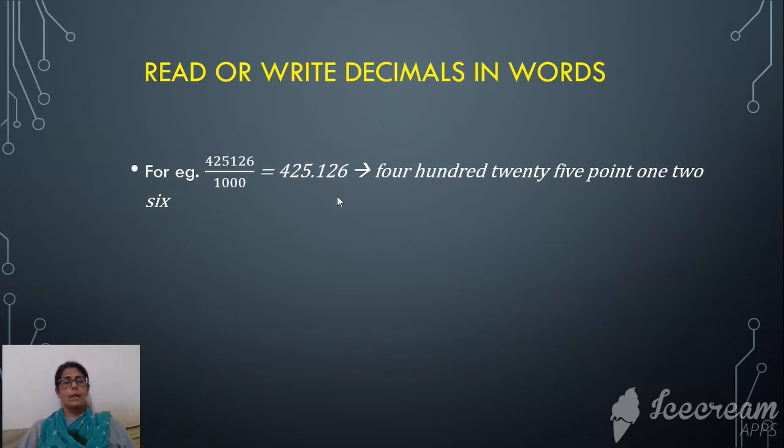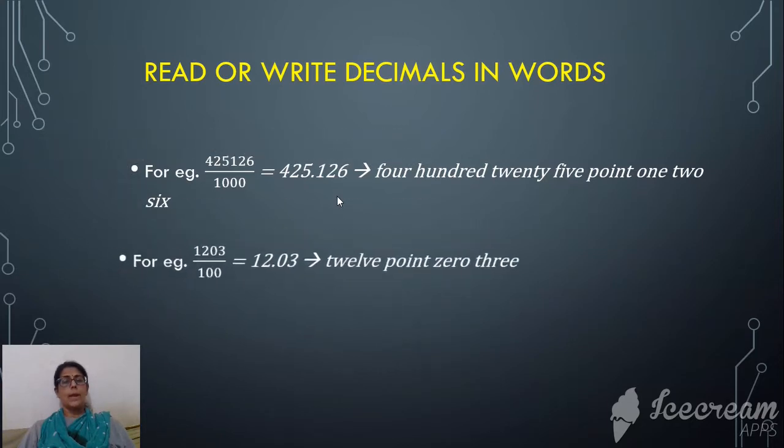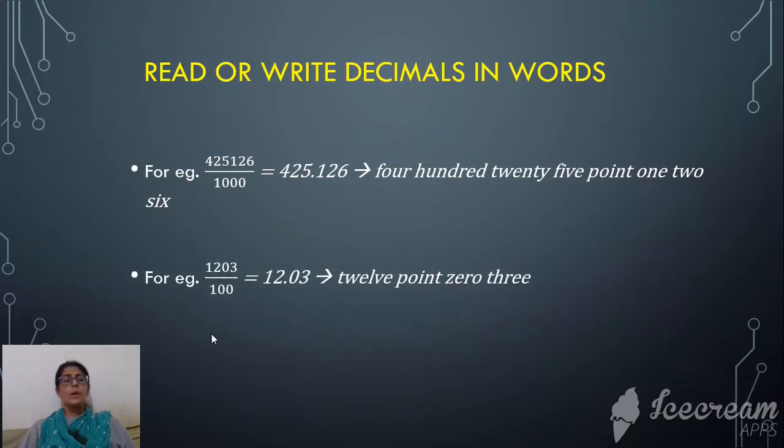Understand? One another example I will explain to you here. 1203 upon 100. Here you can check how many zeros are there. There are 2 zeros, right?